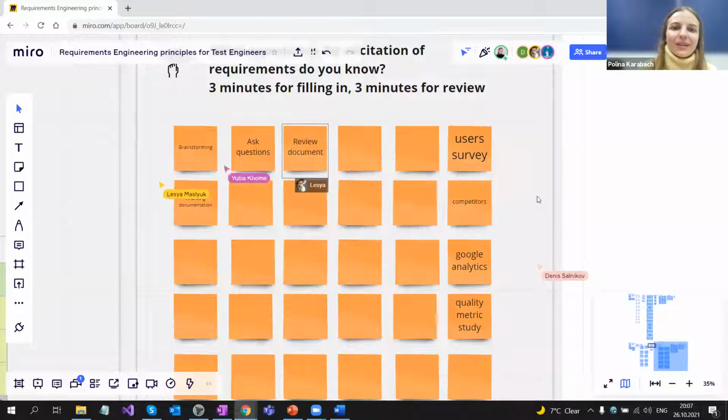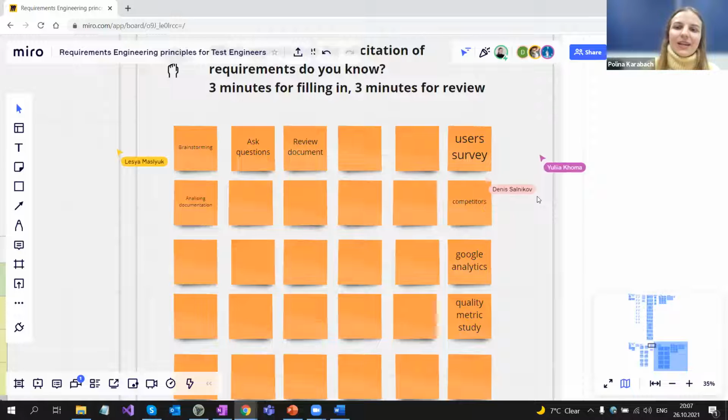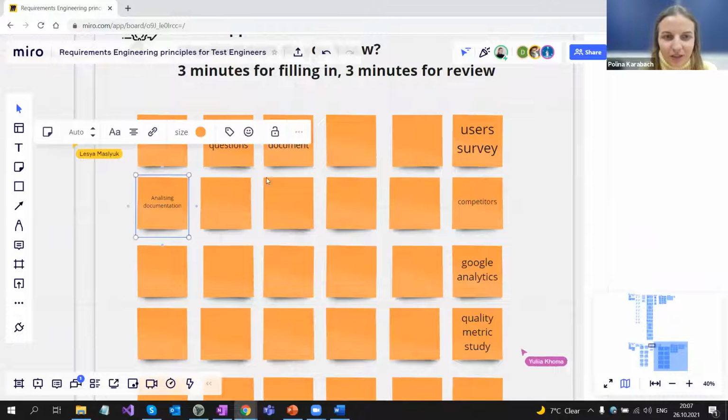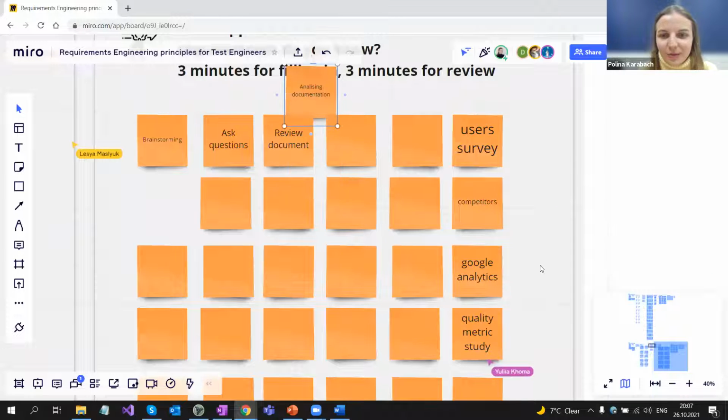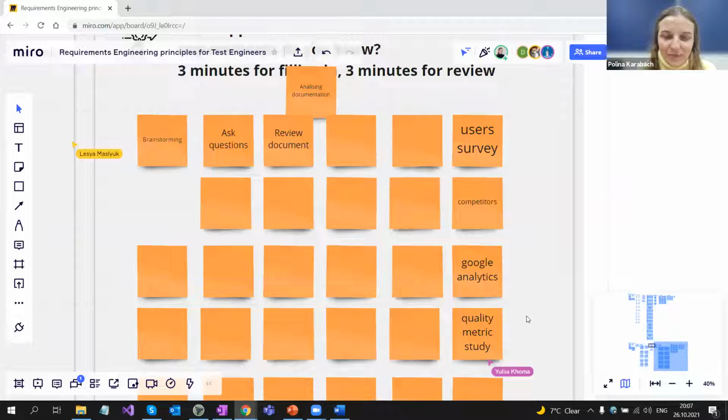Okay, maybe you can write down your thoughts to finalize them and we'll see. All right, so thank you so much for the ideas. I see we have here brainstorming, asking questions, reviewing documents, using user surveys, reviewing competitors, analyzing the documentation, a similar group, Google Analytics, and quality metric study.